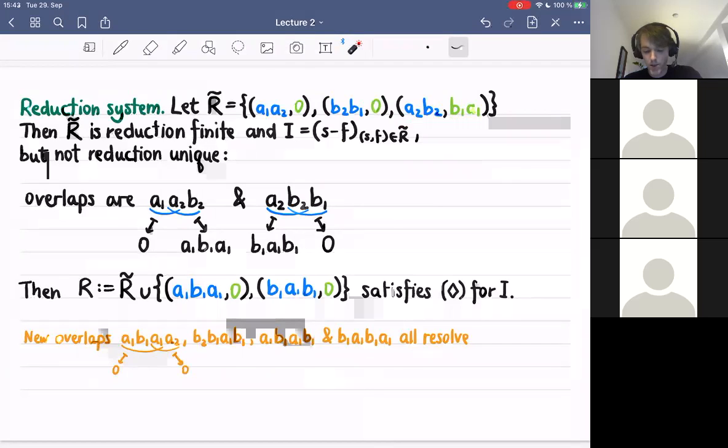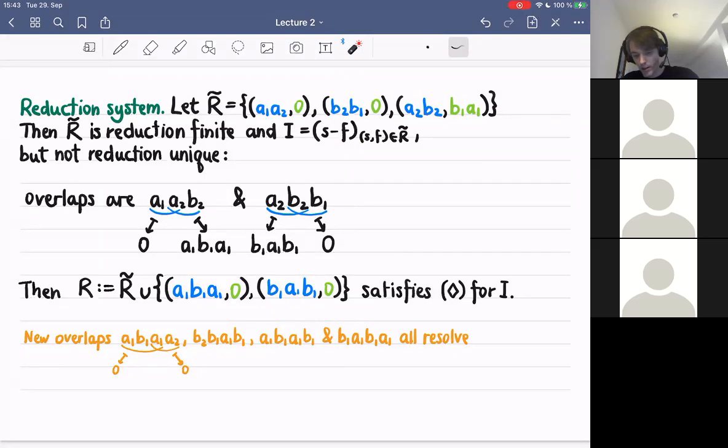The ideal generated by the differences of the entries generates the ideal we're looking for, but it's actually not reduction unique. There are two overlaps. The diamond lemma told us that for reduction uniqueness, you only have to check it on the overlaps.